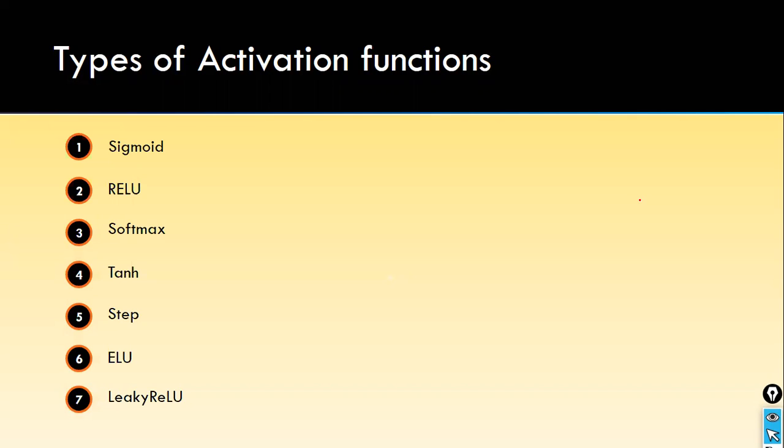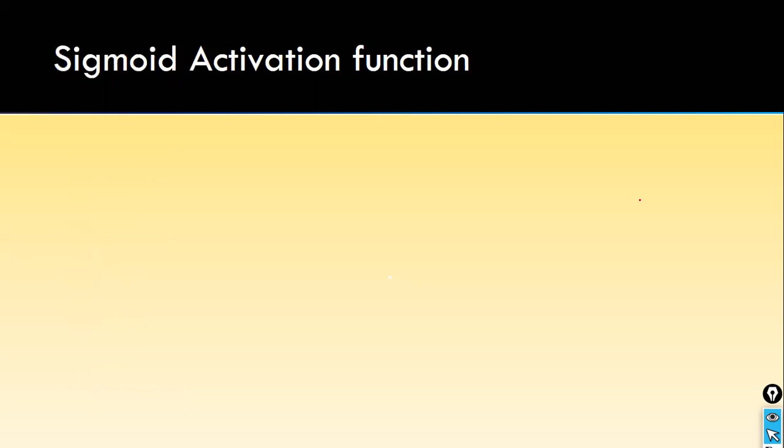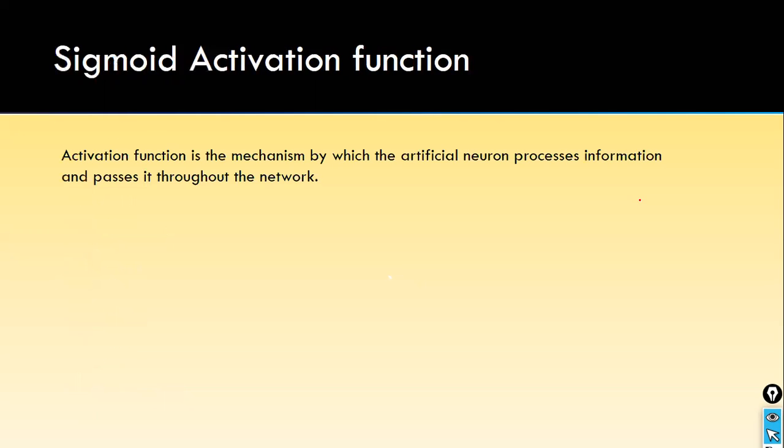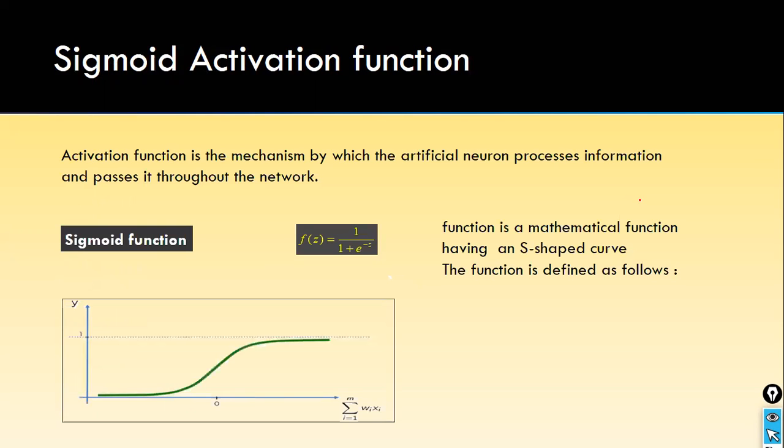Apart from this, we have something called parametric ReLU, PReLU. Those kinds of activation functions are available. You know very well the sigmoid function is an S curve. In simple terms, a sigmoid function is nothing but the S curve. We discussed it as part of logistic regression.